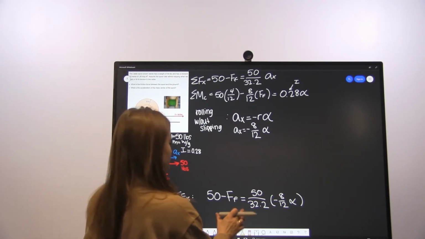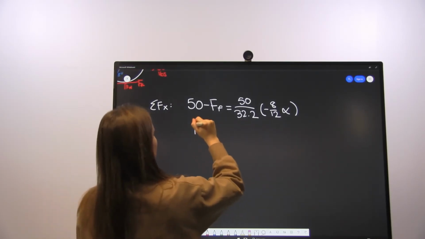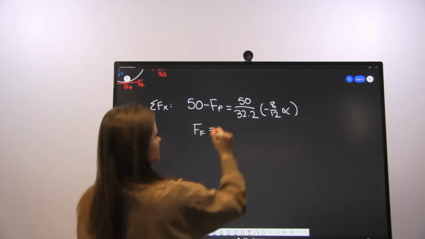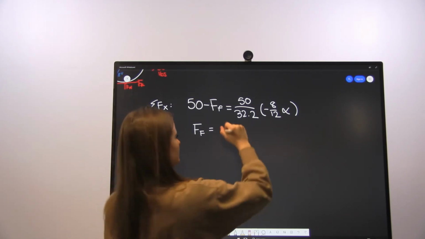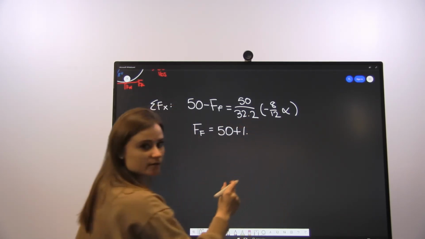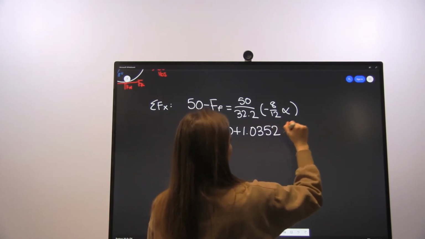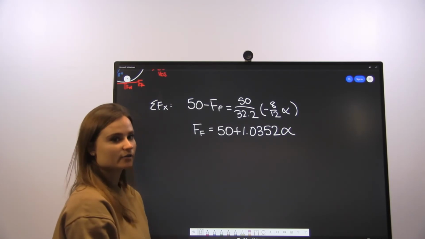And that simplifies to force of friction is equal to 50 plus 1.0352 times our angular acceleration.